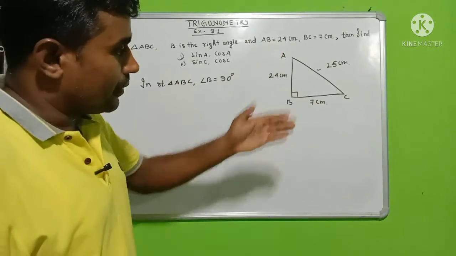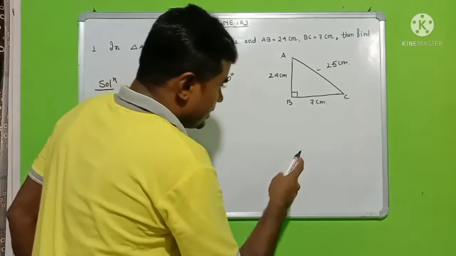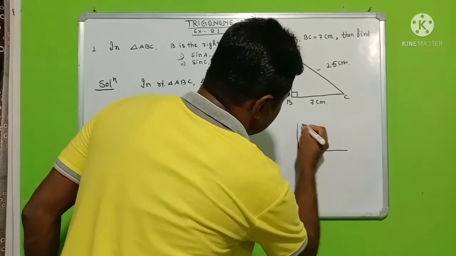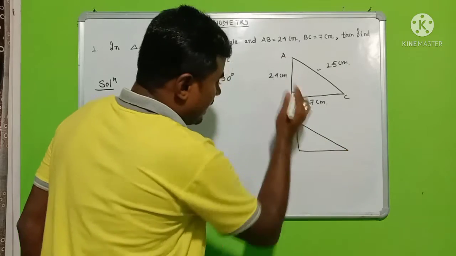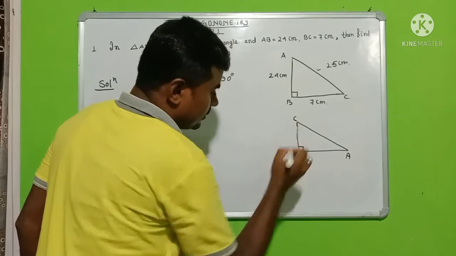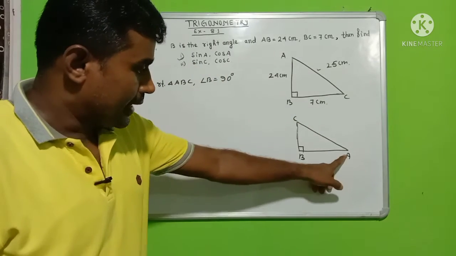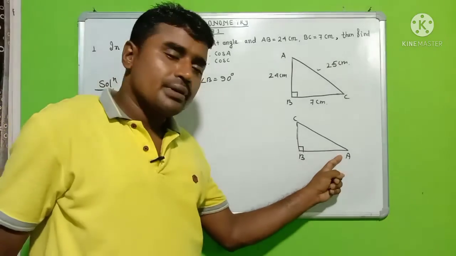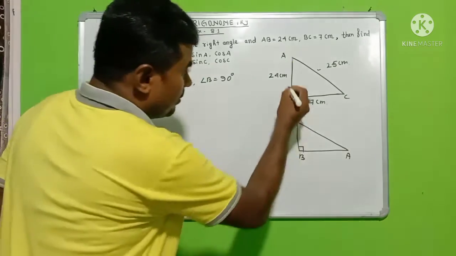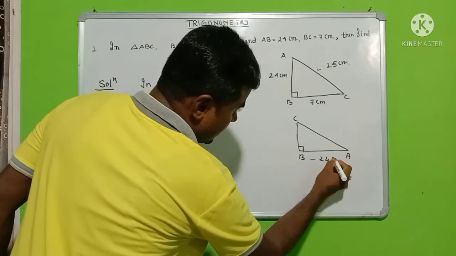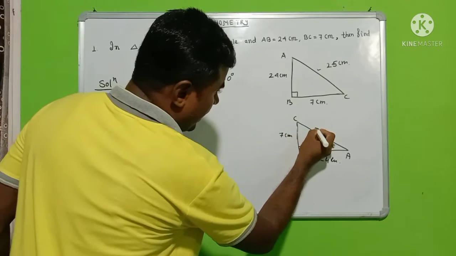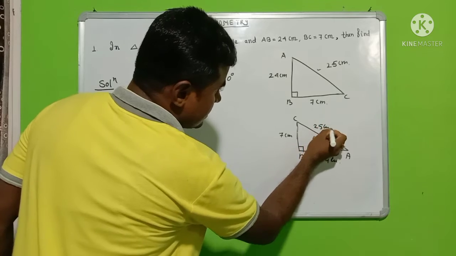Therefore, we have to draw the right triangle ABC in this way, so that our angle A remains on the base side. Here AB is 24 centimeter, BC is 7 centimeter and hypotenuse is 25 centimeter.